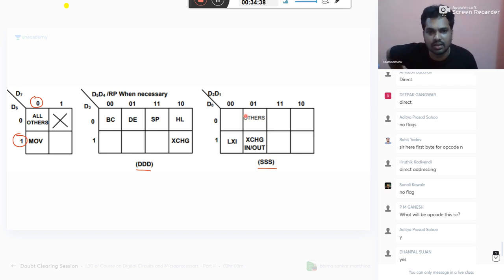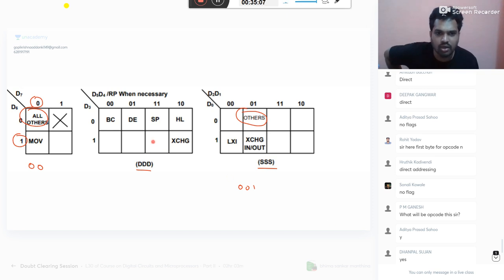It will come under either this one or this one, because it is not move or exchange or LXI. Actually we can make it. It is 0 0. Let's try a hit whether we will get it or not.